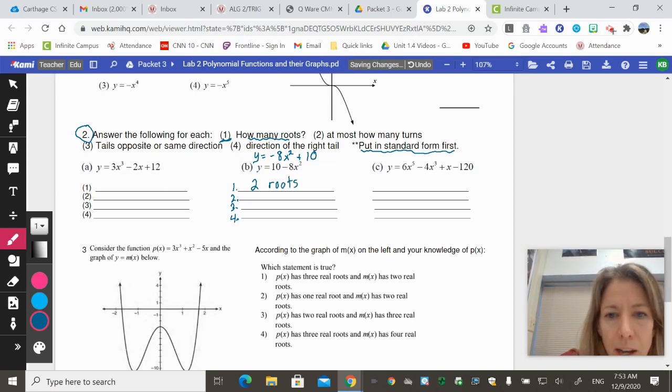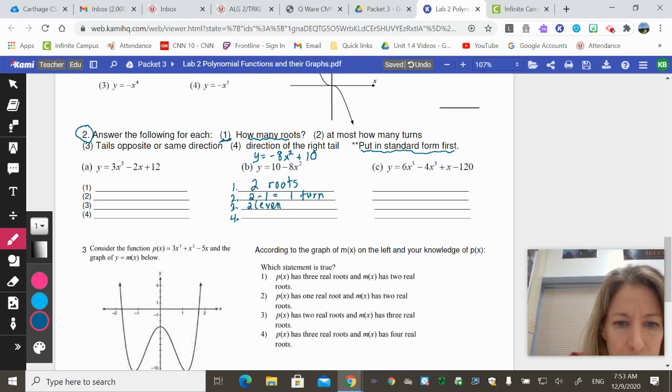Okay. At most, how many turns? Well, if it's second degree, I'm going to do 2 minus 1, which it has 1 turn. Okay. It says tails opposite or the same. Well, since 2 is an even number, they're going to be the same. The tails are in the same direction. And the direction of the right tail.